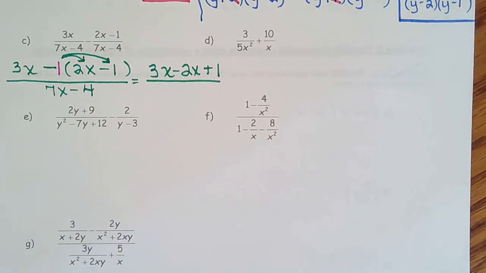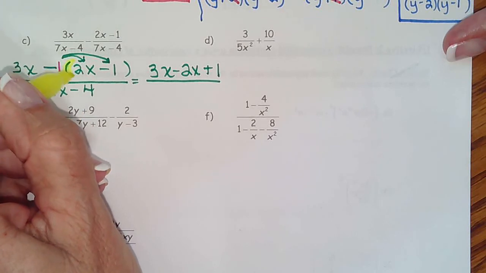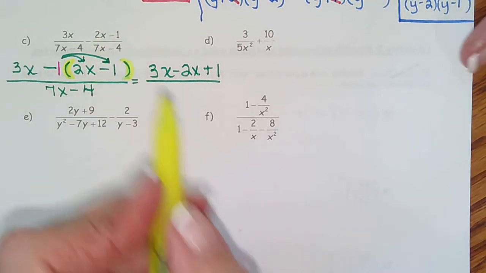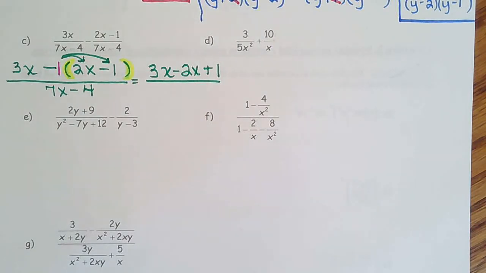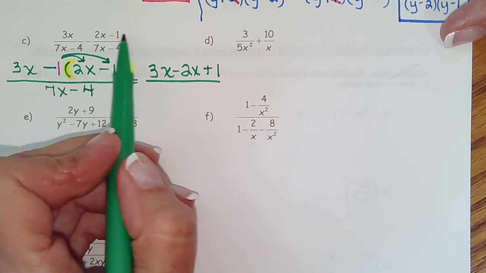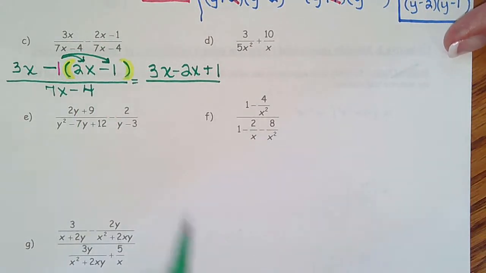So if I was you, I would highlight those parentheses to remind yourself that anytime you subtract a quantity, 2 or more terms, you have to have parentheses so that that negative gets distributed. Otherwise, you're only subtracting the first number, and that's not what that means. That means subtract everything that's up there.